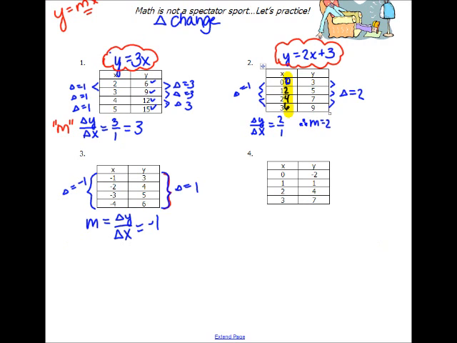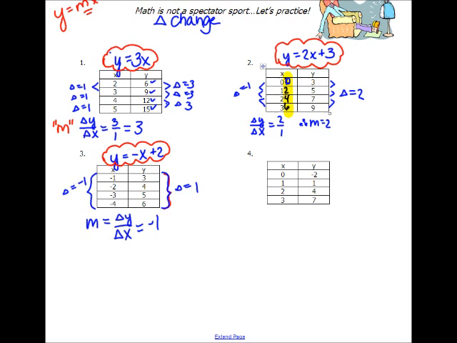Okay? Is y equal to negative x? Your answer should be absolutely not. So what do we need to add or subtract? In each case, you have to make sure it works for every line of the table to get the correct answer. Well, you would have to add 2. Okay? Try the next one.